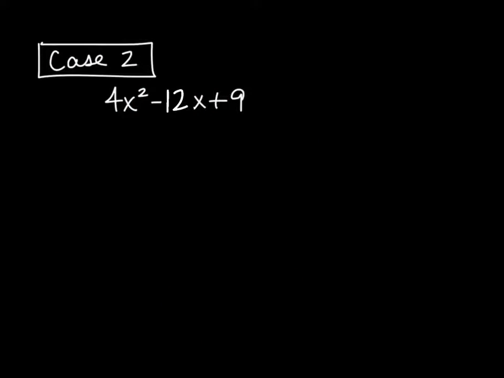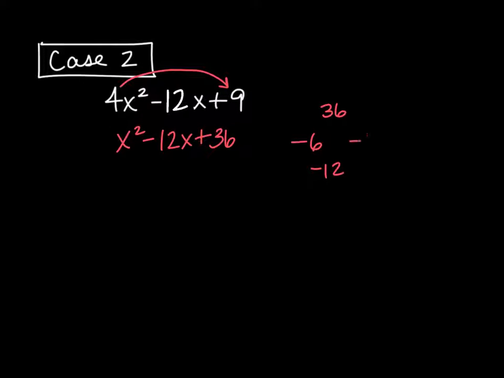Okay, here's our case 2. Now right off the bat, this might not look any different to you, and if not, that's a good thing. So we're going to start by moving the 4 to the end because I can't take anything out of all 3 of those numbers. So that's going to give me x squared minus 12x plus 36. So I'm looking for 2 numbers that multiply to give me 36 and add to give me -12. And those 2 numbers should be -6 and -6.